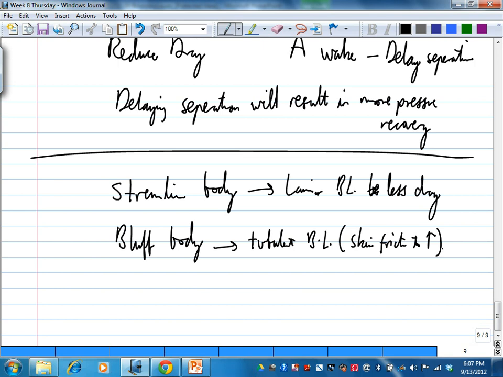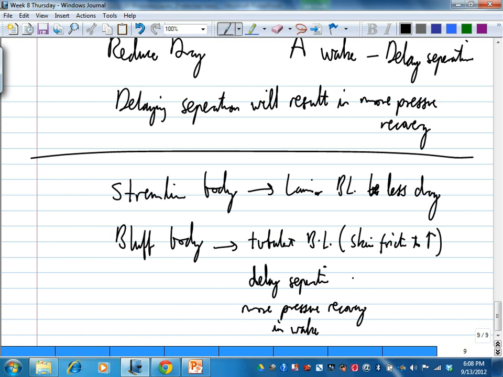The turbulent boundary layer delays separation and gives more pressure recovery in the wake. So number one, delay separation. Number two, more pressure recovery in the wake.